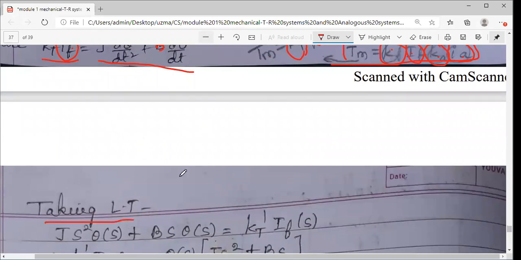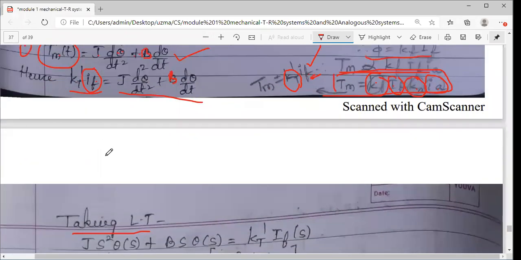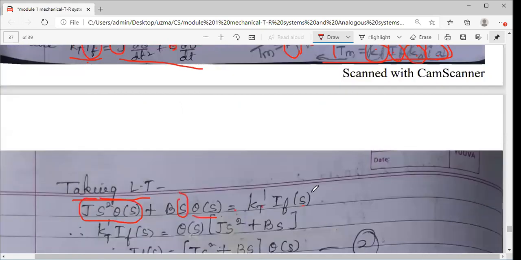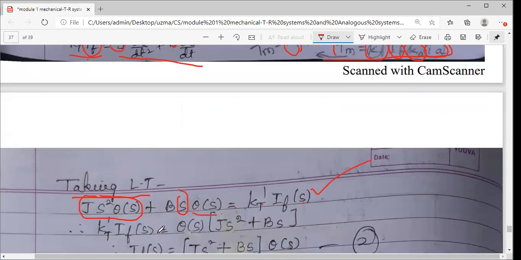If I take the Laplace transform of this equation, what will I get? J into two times differentiation gives s square theta s, plus B, or F, whichever symbol you want to use, into one time differentiation gives s theta s, is equal to Kt dash, a constant, into If of s. So from this equation you will get If of s.